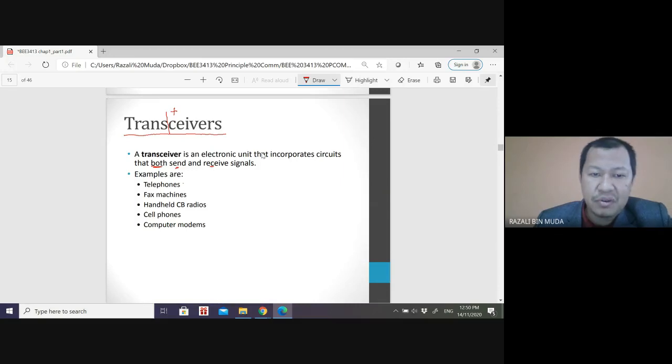Examples are the telephone, where you can send and receive, the fax machine, handheld radio, cell phone, computer, and so on. All these kinds of devices that can both receive and send signals are called transceivers.